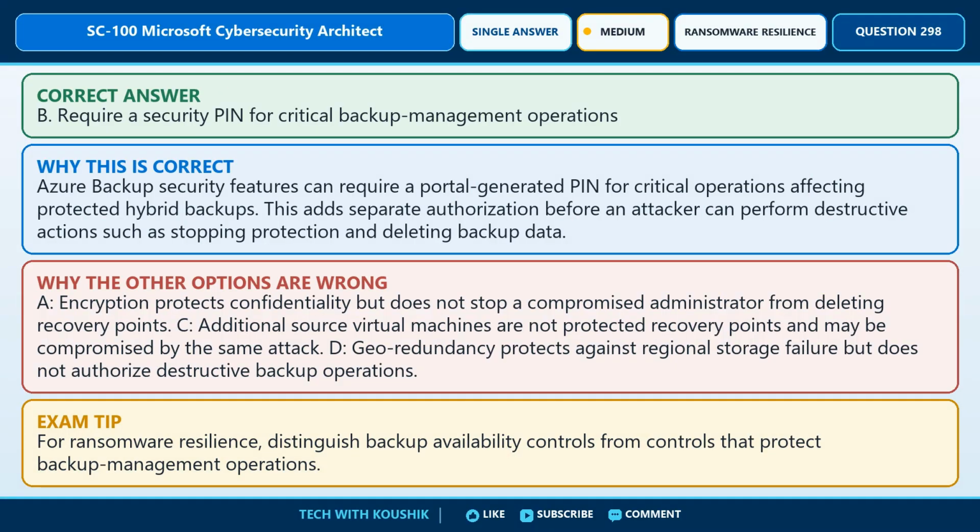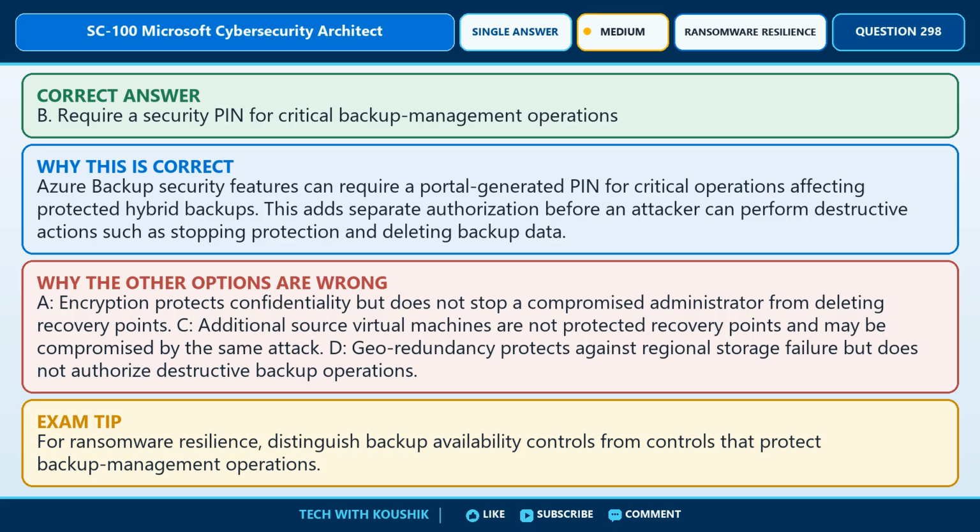The correct answer is option B. Require a security PIN for critical backup management operations. Here's why. Azure Backup security features can require a portal-generated PIN for critical operations affecting protected hybrid backups. This adds separate authorization before an attacker can perform destructive actions such as stopping protection and deleting backup data. Why are the other options not correct?